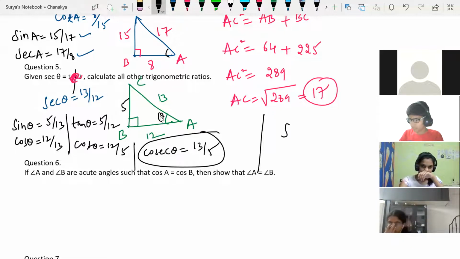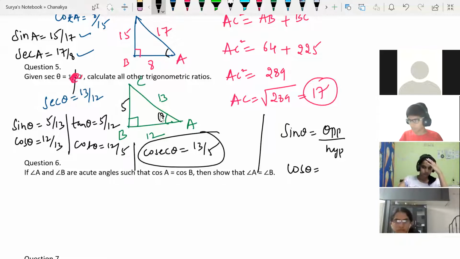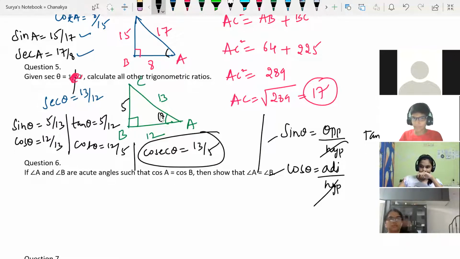See here, sin theta means what? Opposite by hypotenuse, isn't it? Just remember these two, that's all. Tan means what? Sine by cos. Divide: hypotenuse will get cancelled. I will be remaining with what? Opposite by adjacent. Yes or no?